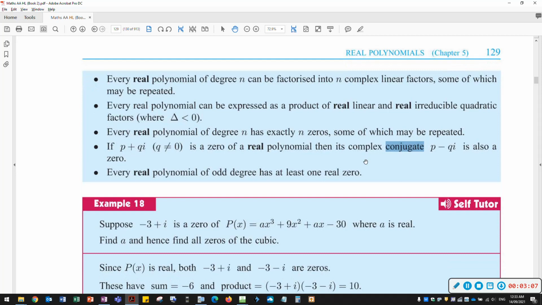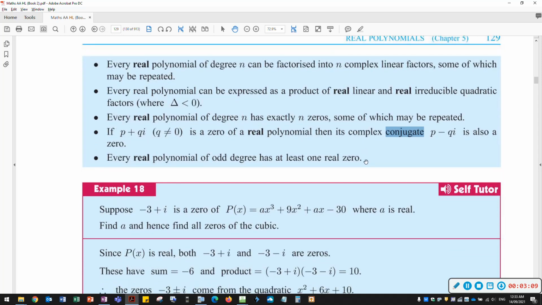but they do have it written here as the second last dot point. If p plus qi, where q cannot equal 0, so that means it must be a complex root, is a 0. So remember, a 0 means a value that fits into the function that makes the value 0.